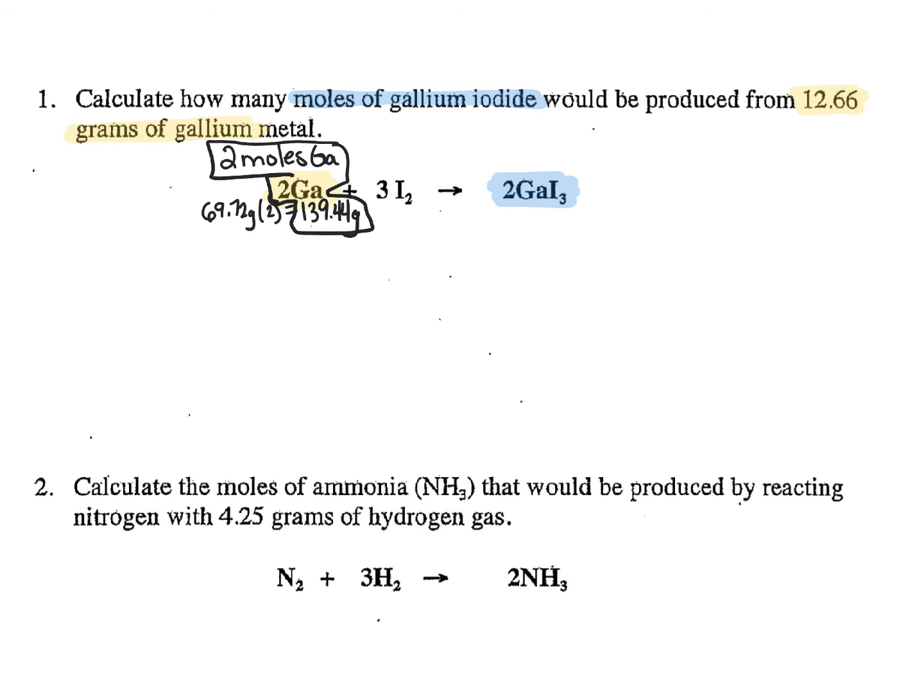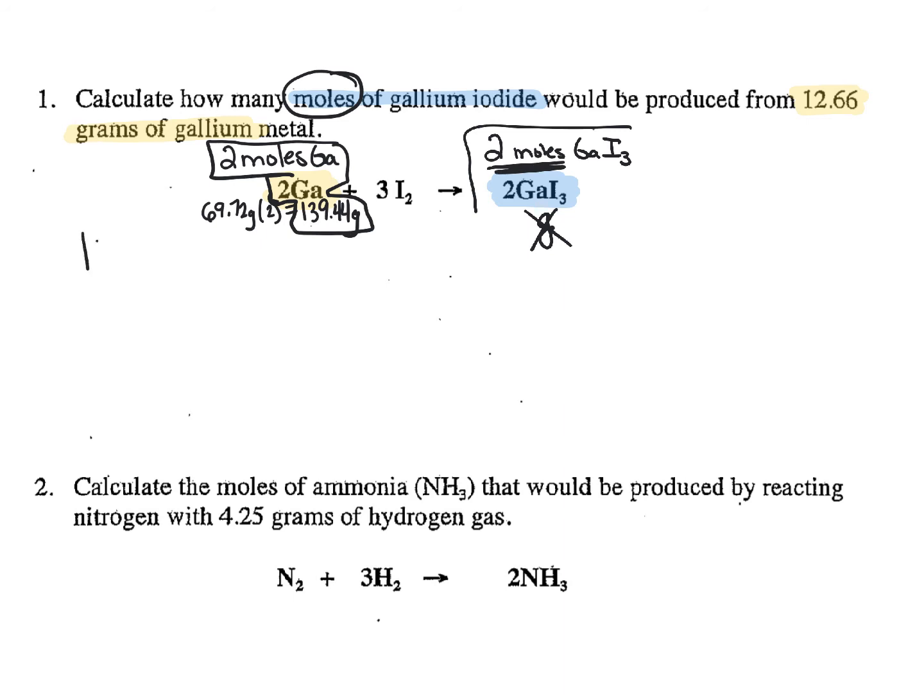Let's also see what we know about gallium iodide. 2 moles of gallium iodide are going to be going in, or if I need grams, I could calculate my molar mass, but I'm going to notice up here that it's asking me for moles. So I actually don't need to know anything about grams of gallium iodide because I already know from the balanced equation that it's going to be 2 moles of gallium iodide.